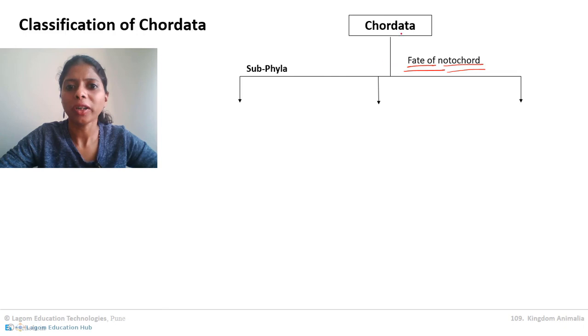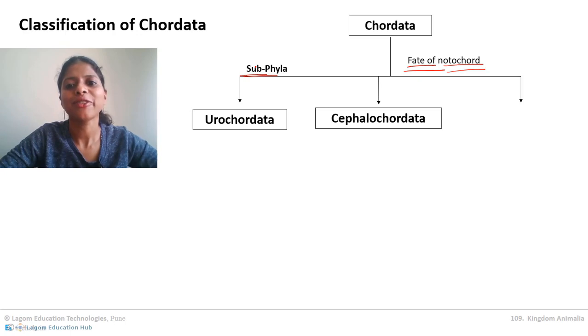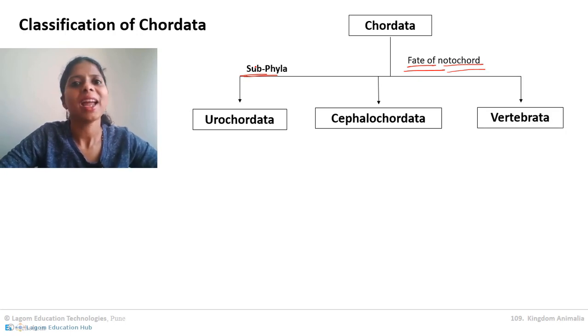On that basis chordates are classified into three different subphyla. Don't worry, we are going to study them in detail, but here I am just taking an overview. The first subphylum is Urochordata, the second is Cephalochordata, and the third is Vertebrata.